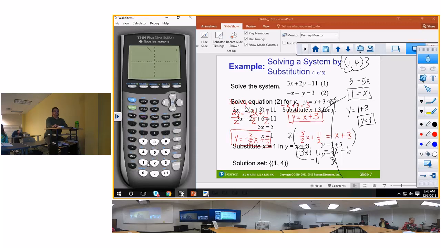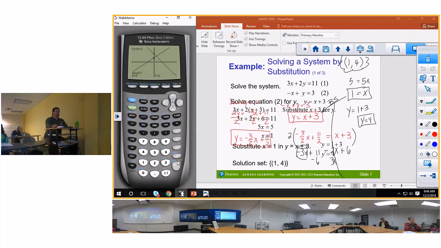There's the first one, and there's the second one. Now I'm going to go to second, calculate or trace, and hit what? Intersect. And that's where you hit the first one and the second one. You just hit enter. It asks you for the first line and the second line.